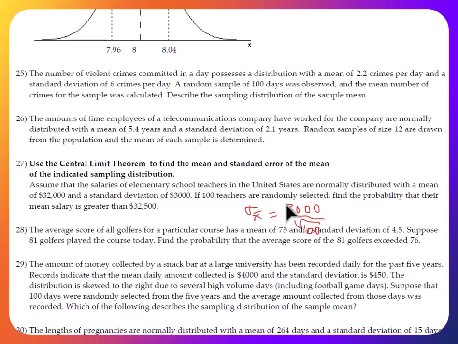So it's 3,000 divided by the square root of 100, which will be 3,000 divided by 10, which is 300. So when I use StatCrunch, I have to enter 300, not 3,000. So the mean is 32,000. The sigma of x bar is 300, and we need to find the probability that x bar, not x, is greater than 32,500.